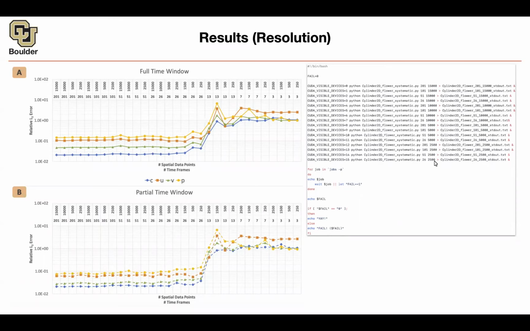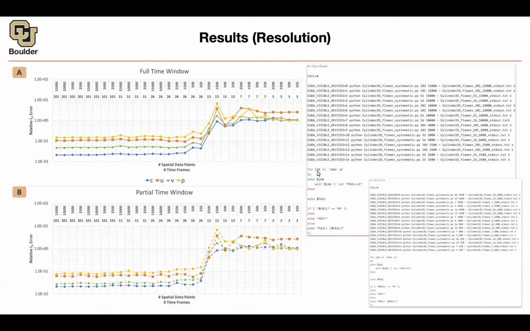This is 2,500. We are here, and the algorithm didn't break. So I had to fire up 16 other GPUs to break the algorithm. And at some point in the second exercise, it broke, where you have around 13 time steps and 2,500 points in your space.